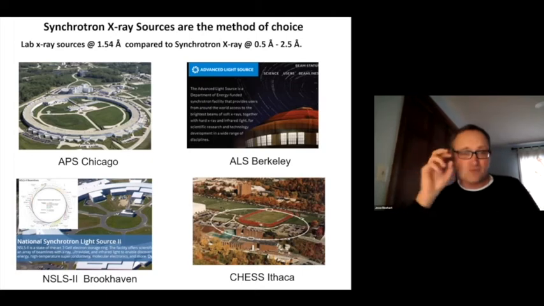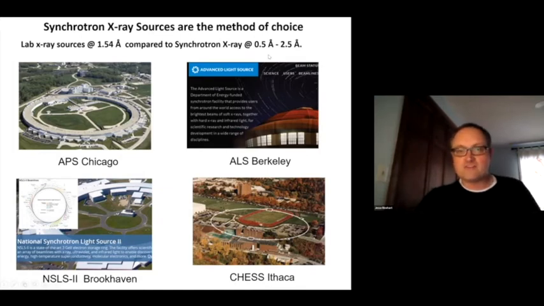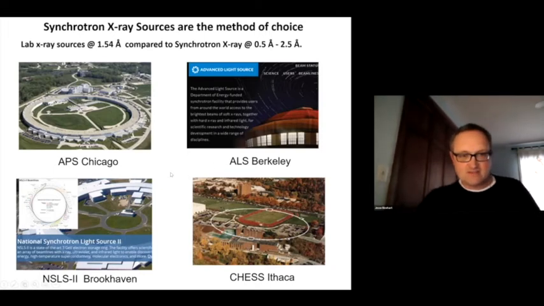It's not high enough resolution to really see the atomic detail that you want. It's a good starting point, but to get the really, really high quality data, you want to go to a synchrotron. And these three pictures here are aerial view drone shots of these synchrotrons. And these are 4 of the more popular ones in the United States.